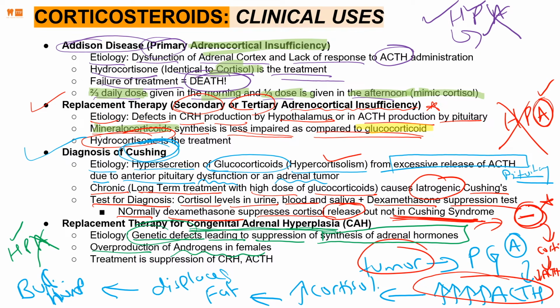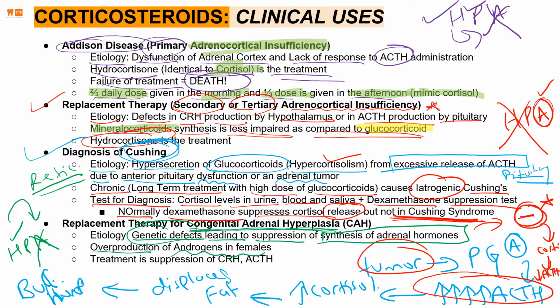Well, why? I thought the adrenal hormones are suppressed, right? Think of it this way. If the hypothalamus and pituitary are good, they still signal the adrenal gland. The genetic defect is in the adrenal cortex. What about the areas other than the glomerulosa and fasciculata? Those are suppressed. What about the reticularis?